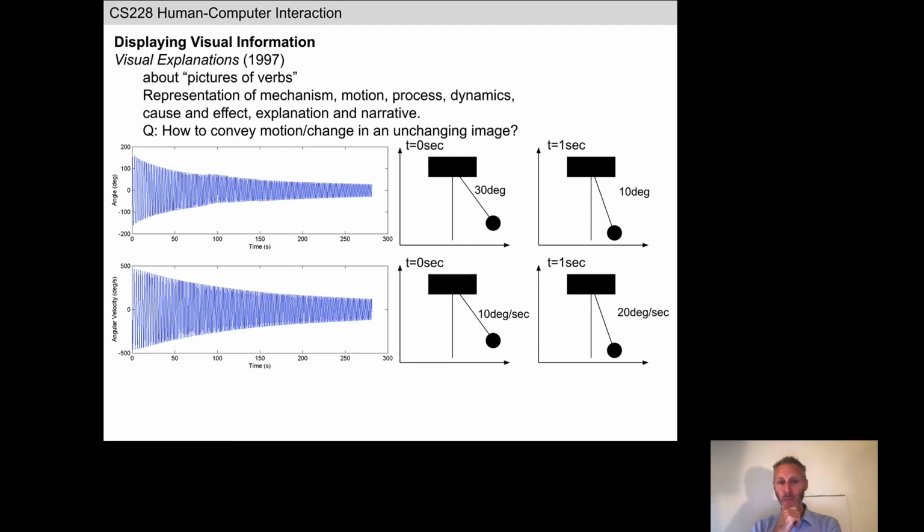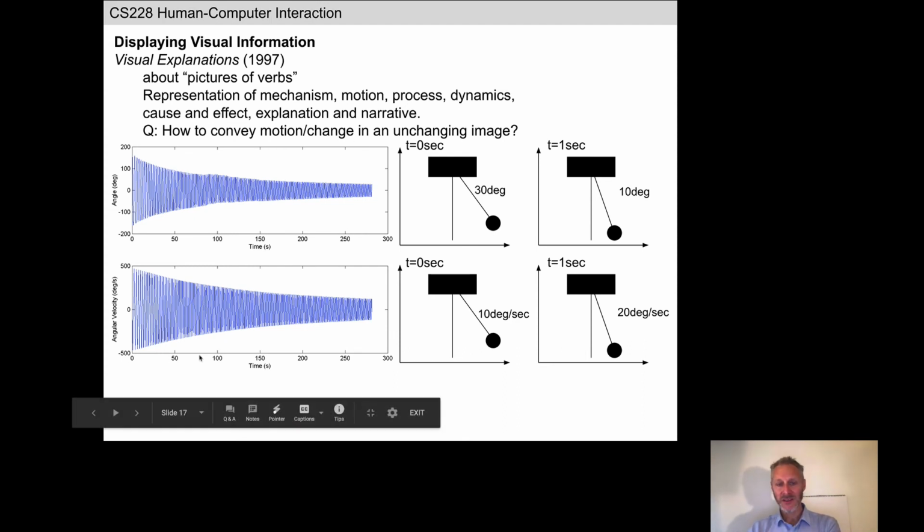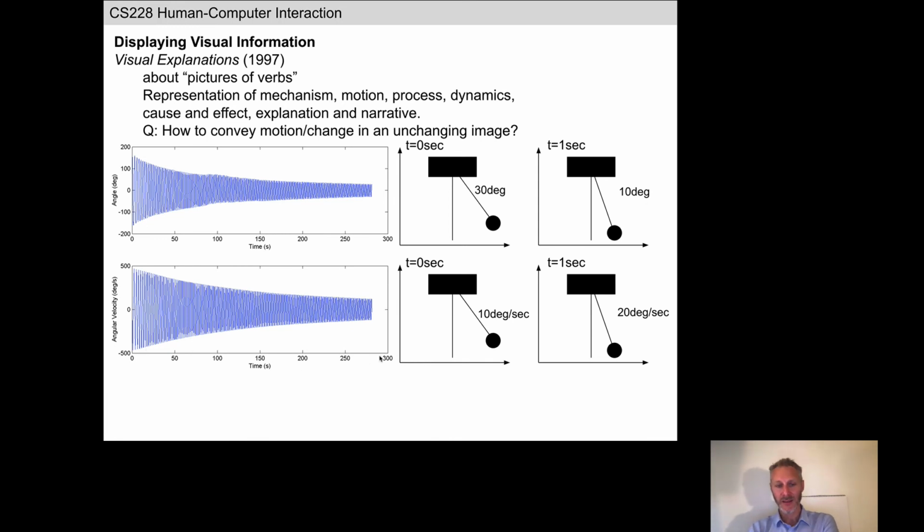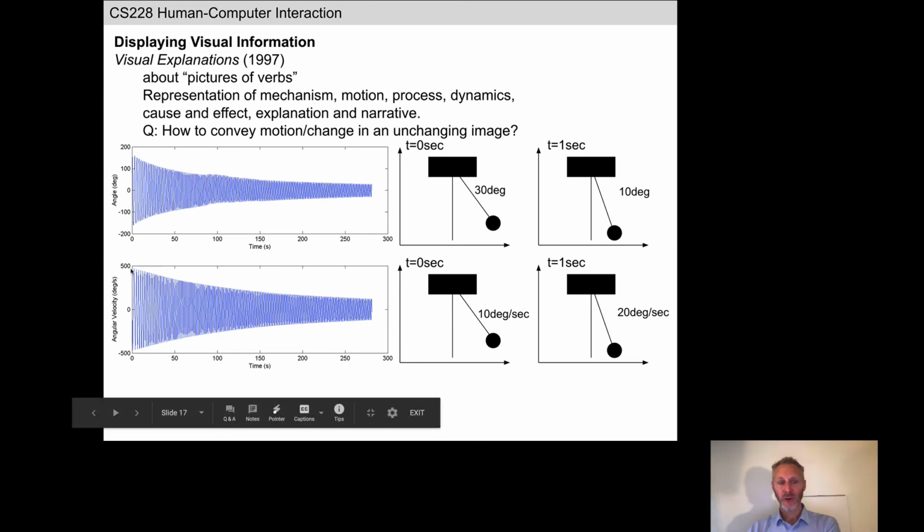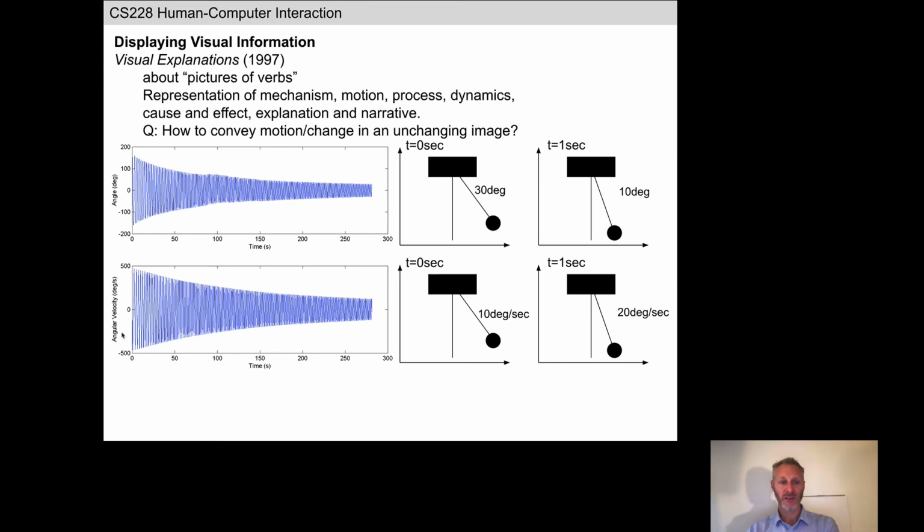You'll notice we have two panels. We have time in seconds on the horizontal axis, so we're going up to almost 300 seconds, so about 5 minutes' worth of data, where this arm is swinging back and forth. The vertical axis in the lower panel is angular velocity. So what is the velocity of the arm in degrees per second at that time?